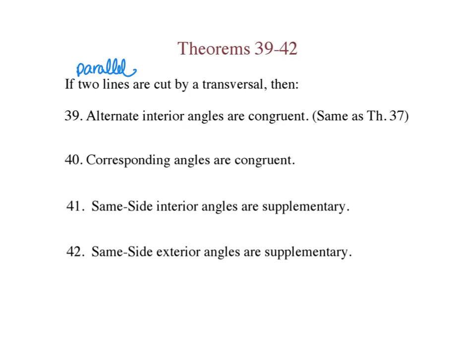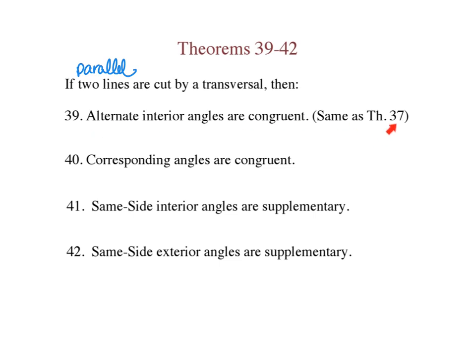Now, there are 4 theorems that involve parallel lines that allow us to conclude that certain angles are congruent. These are theorems 39 through 42, and it says if 2 parallel lines are cut by a transversal, then alternate interior angles are congruent.